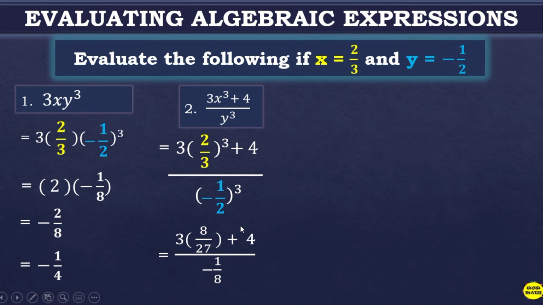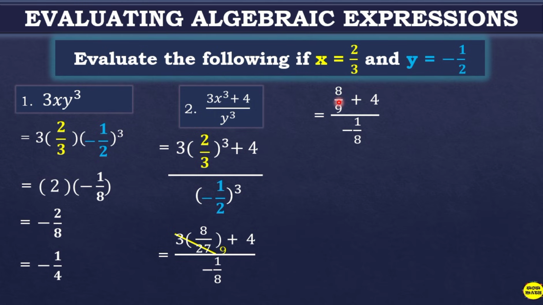Okay? And then now, we will simplify. So, kailangan ma-multiply mo muna to. So, pwede mo siya cancel para mas mababa yung value natin. So, this is 27. Okay? So, 27 divide 3, that is 9. Okay? So, we now have 8 over 9 na lang.